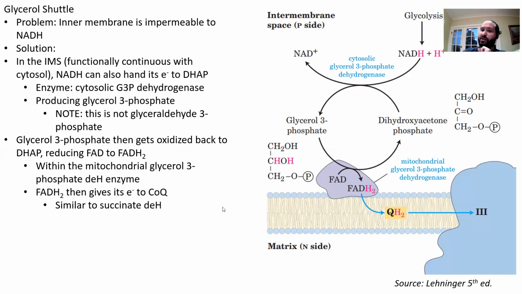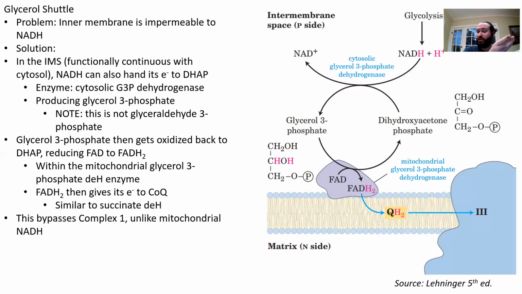Remember, this is similar to succinate dehydrogenase, where succinate gets converted to fumarate, FAD gets reduced to FADH2, and then FADH2 gives the electrons to coenzyme Q. So this bypasses complex 1. Mitochondrial NADH would go into complex 1.